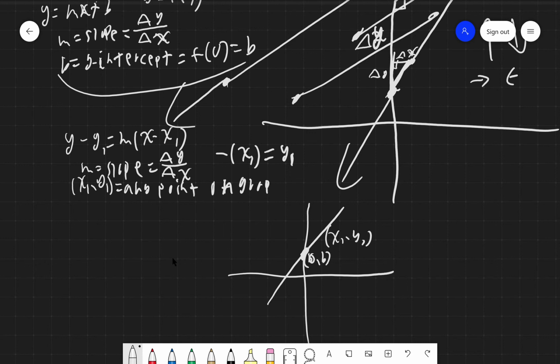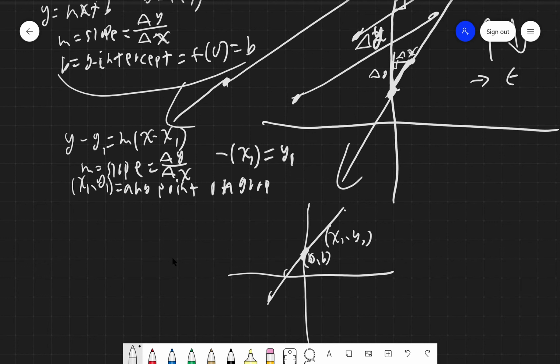So yeah, now what this is saying is that if you take any point x, y, let's say here or here or here, wherever on that line, then that point x, y has to satisfy that the difference in the y value is equal to the slope times the difference in the x value.